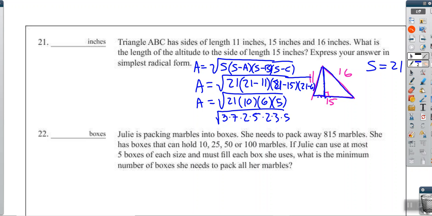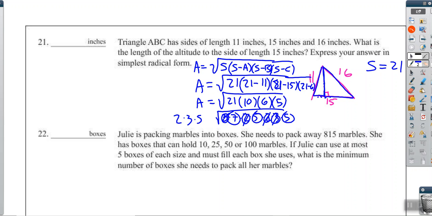All right, well, I have a 2 and a 2, so that means that's going to go on the outside because 2 times 2 is 4, square root of 4 is 2. I have two sets of 3s, so that's another 3 on the outside. I have two sets of 5, so that's going to be 5 on the outside, and then I have this leftover 7. So I know the area of the whole triangle is going to be 2 times 3 times 5.